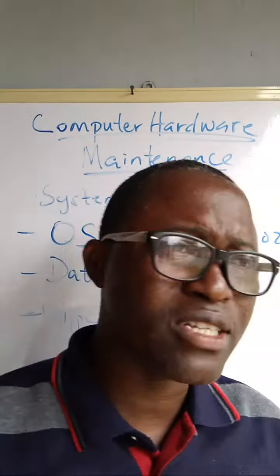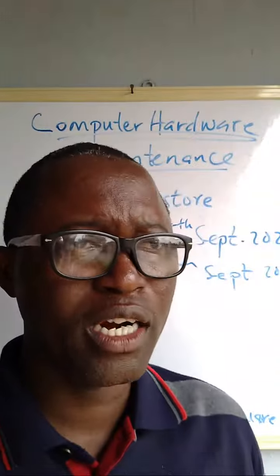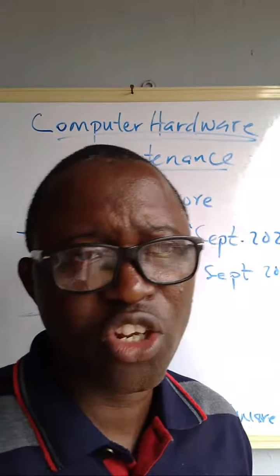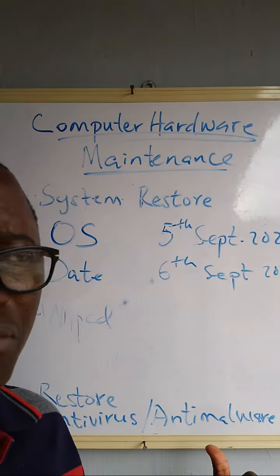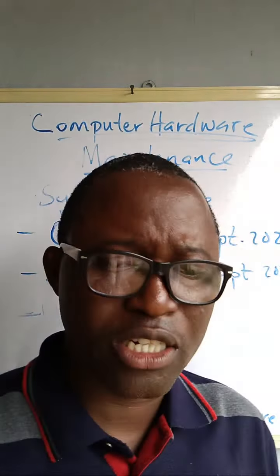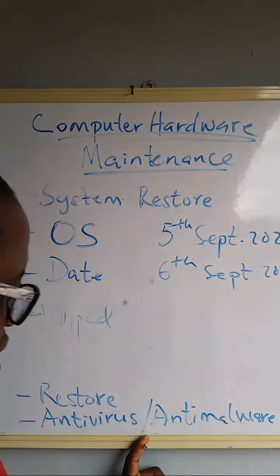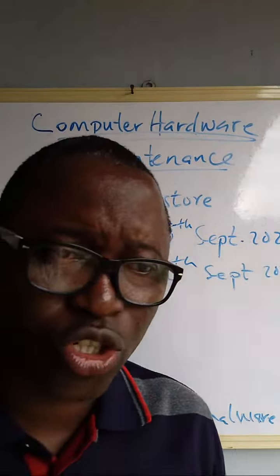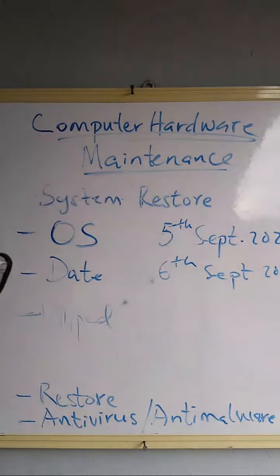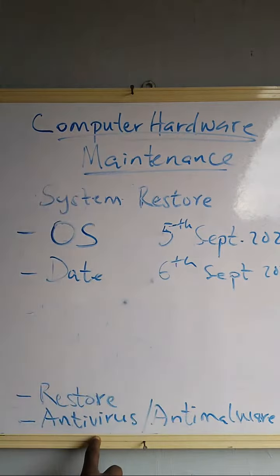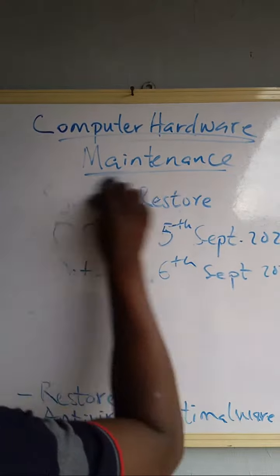But using antivirus and anti-malware requires very good knowledge in order for it to be effective. If you don't use it the right way, the antivirus will be there, but the viruses, the malware, the worms, the trojans will still come in. All the errors will still come into your system. So that is why we need to discuss what needs to be done when we use antivirus on the system. Okay.